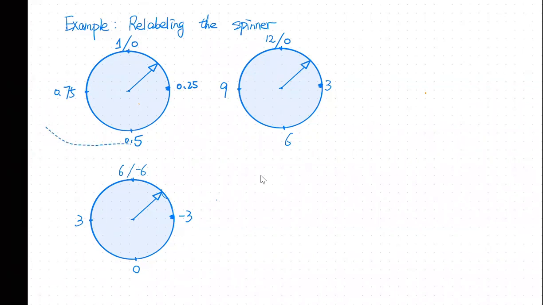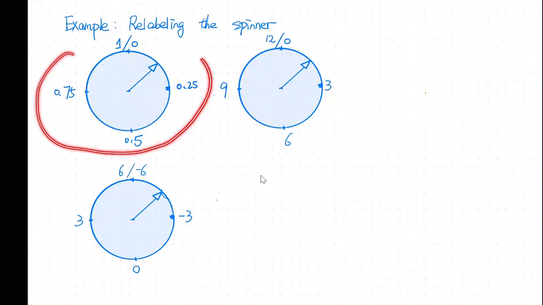This graph shows us the original spinner, which is labeled from 0 to 1 uniformly on the circle. And the spin on this spinner in this labeling system is called random variable X.